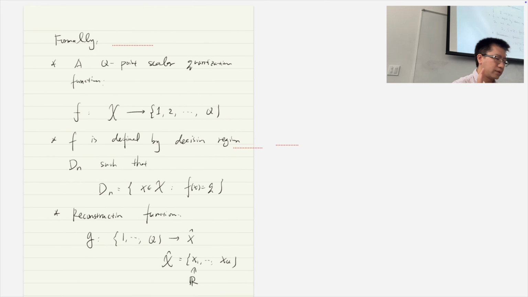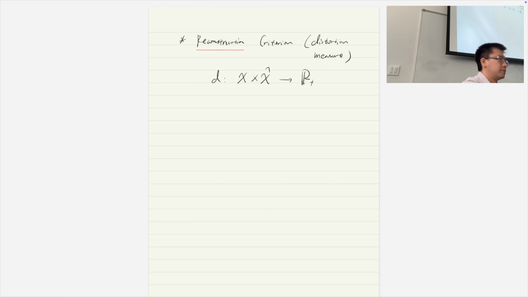And next, what is new here is that we need to define a distortion metric. So we have the so-called reconstruction criterion, or the distortion measure. You can imagine that it's called D, for distortion. That is a map from x and x hat to some positive number, like the mean square error, so that's one example.